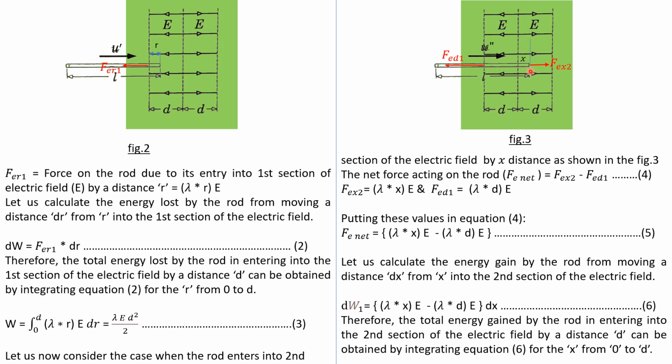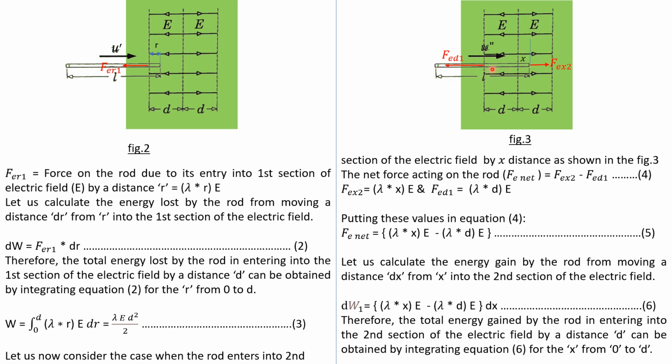When the rod is in this condition, the net force on the rod towards the right, towards the direction of the motion of the rod, will be F_E X2 minus F_E D1. F_E X2 we know, lambda x will be the charge on this portion, into the E field.